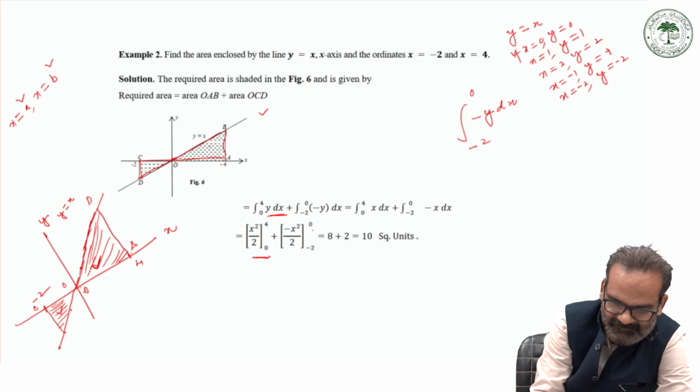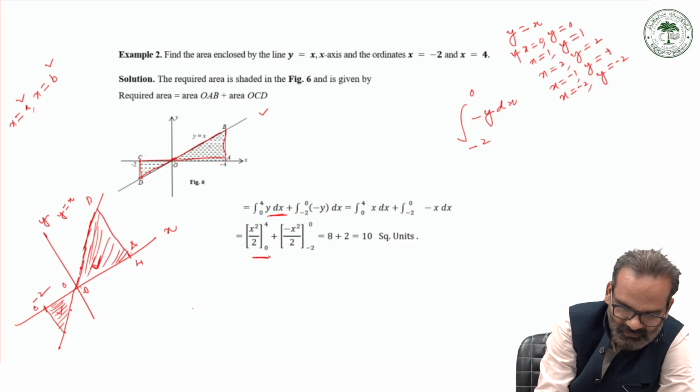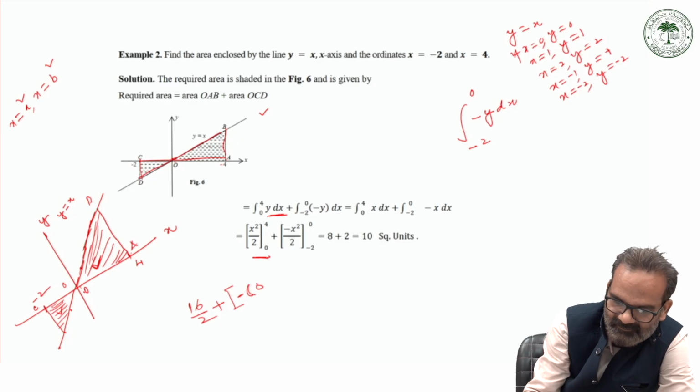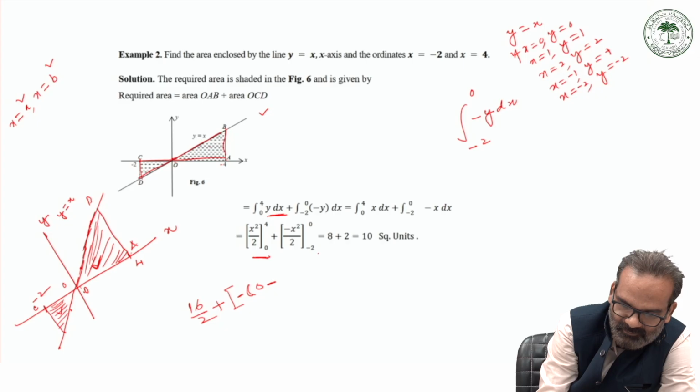units. See, 0 to 4: 4 into 4 is 16 upon 2, plus, what about this? See here, first is 0, so with the minus sign this is 0, minus, put minus 2, so minus 2 square is 4 by 2, what is left?